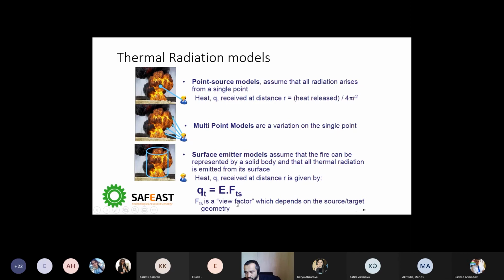The view factor depends on the source and on the target geometry. Based on the view factor, you calculate your surface emissive power, and out of this, how much the individual can receive. After that, you decide whether it's dangerous or not.